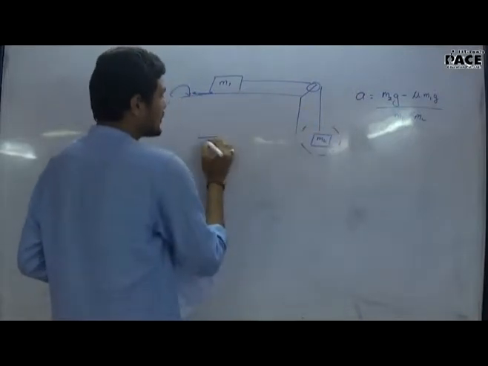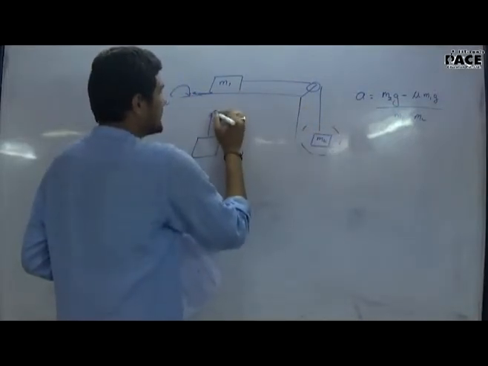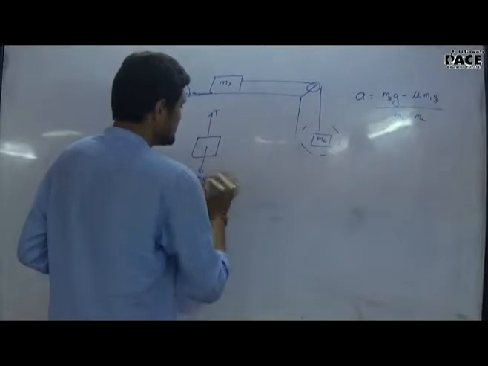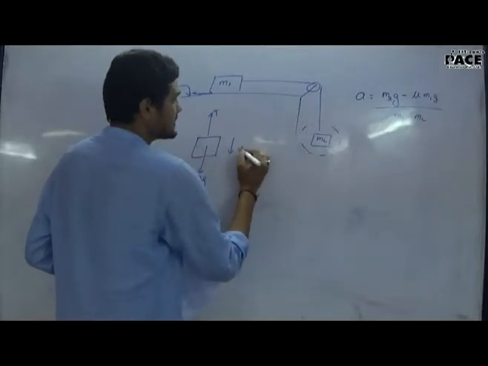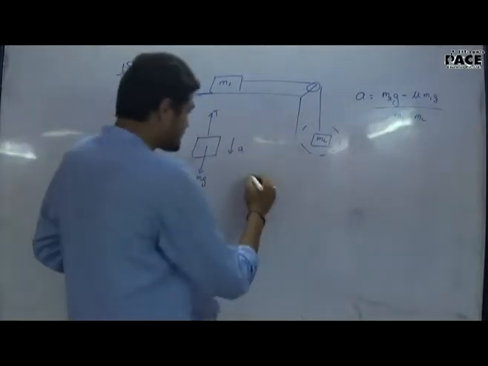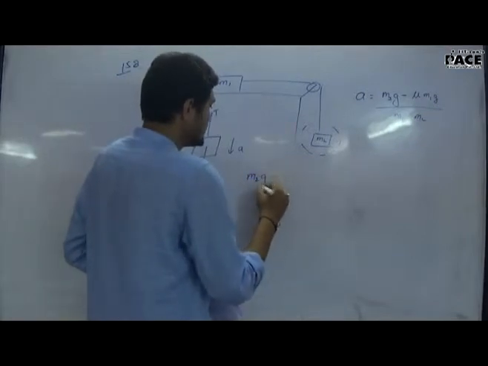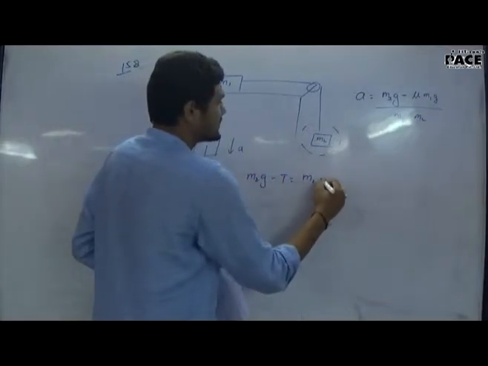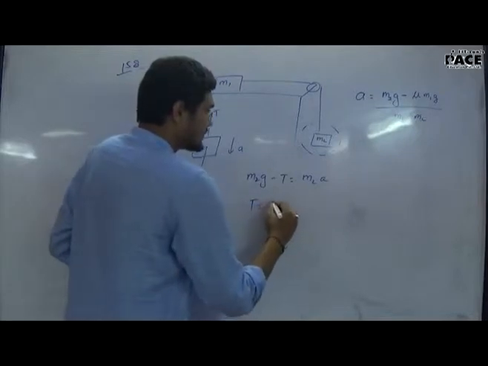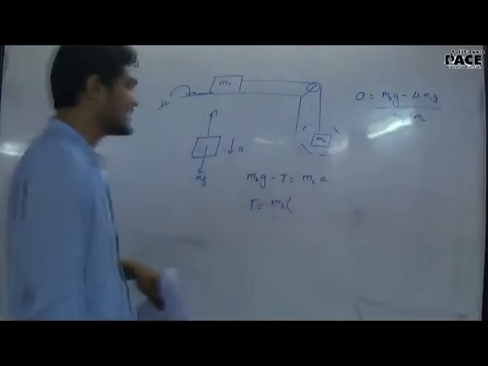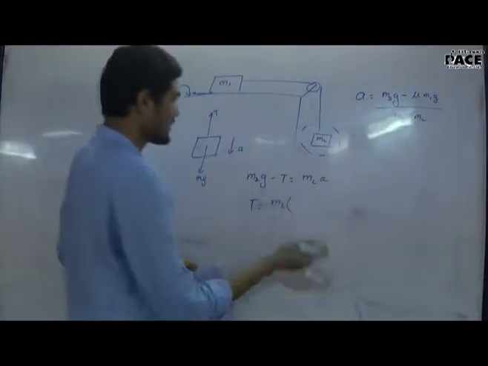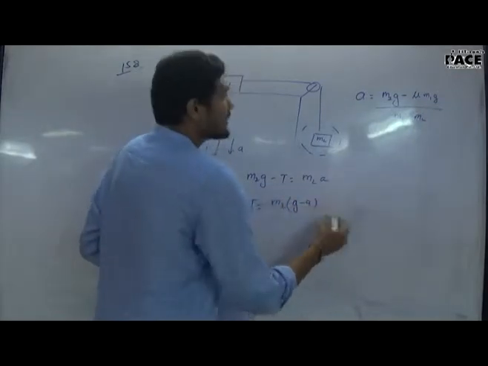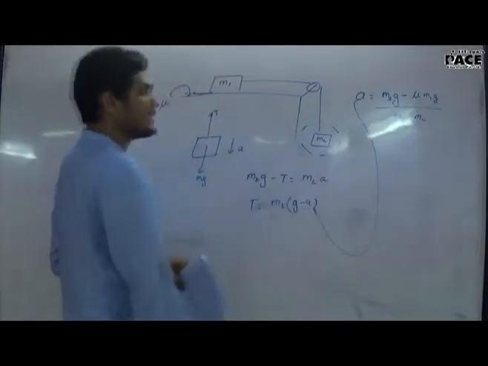Okay. If we have found the acceleration, we have to find the tension in this thread. So if we draw the FBD of this, m2g, tension T, and acceleration is in downward direction. So we can write m2g minus T should be equal to m2a. Then T is equal to m2 times g minus a. Now put the value of a in this equation and simplify.